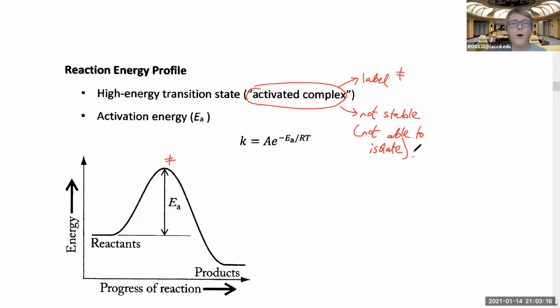Okay, and we know that we have an equation that represents the rate constant, k, that we saw previously, to the activation energy, Ea.